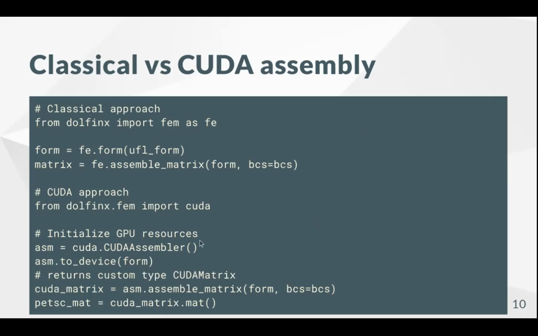You have to call toDevice on your form, which will copy the mesh and the form, any functions to the GPU. Then you call an assemble matrix method that has essentially the same signature as the classical DOLFINx function. And then that returns this CUDA matrix type, which is another custom class, but you can extract a PETSc matrix out of that and then use it in your linear solver or whatever you want to do.